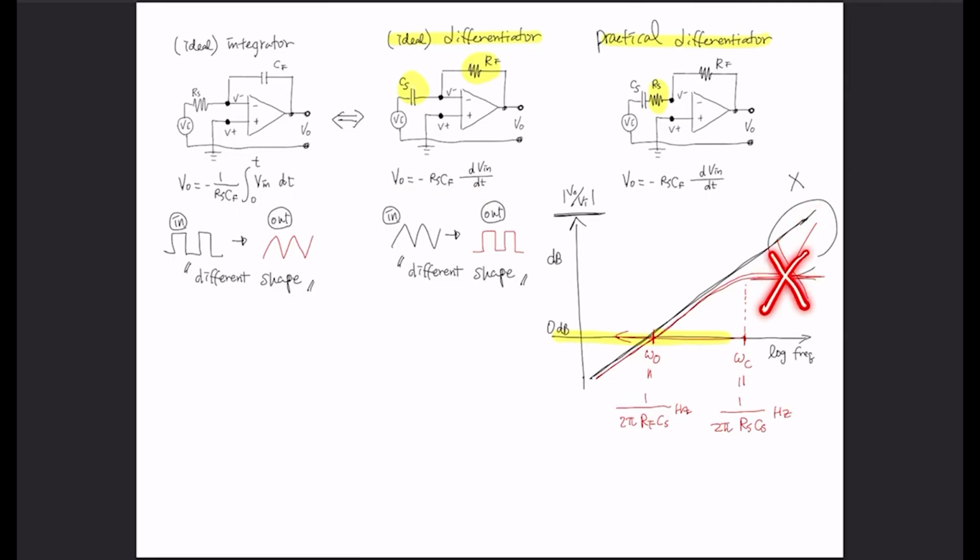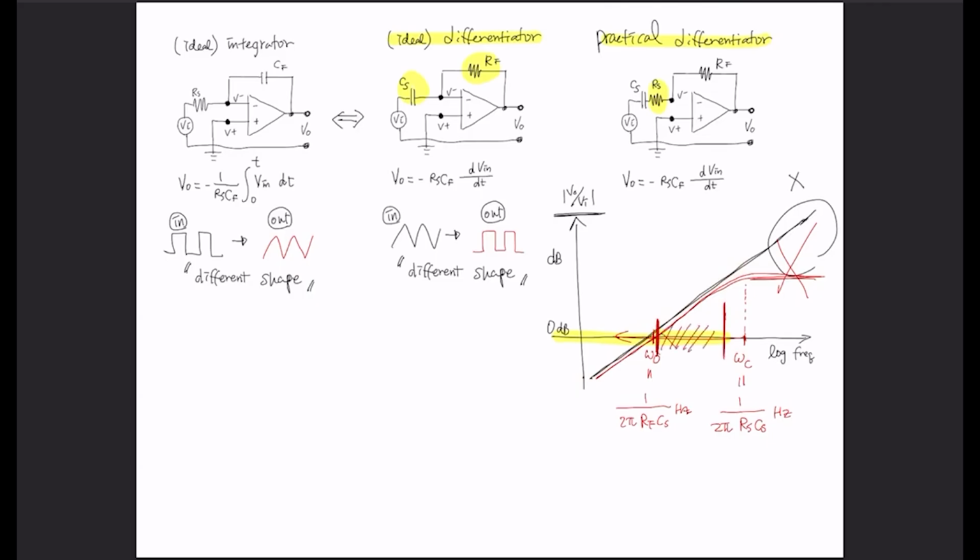So this part is not going to give you your expected differentiated signal. But if you're exciting at a frequency lower than this cutoff, then you're going to get a differentiated signal, since your practical differentiator follows this ideal line. And to be more specific, we would like to use the frequency range starting from here up to there.